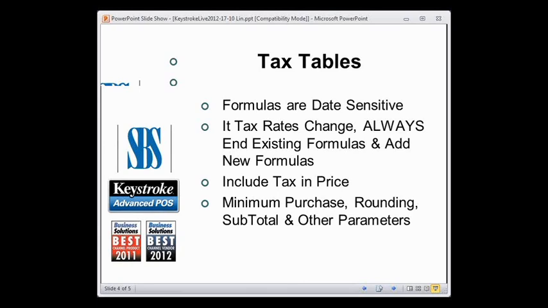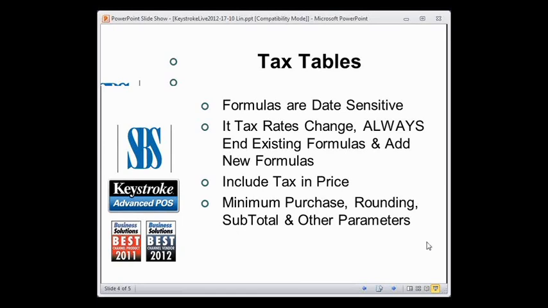And there are various features in tax tables, things like including tax in the price. I did this years ago when I worked at a little concession stand. You know, you price your things at 50 cents or 75 cents, and that includes the tax. It makes it a whole lot easier when giving change.